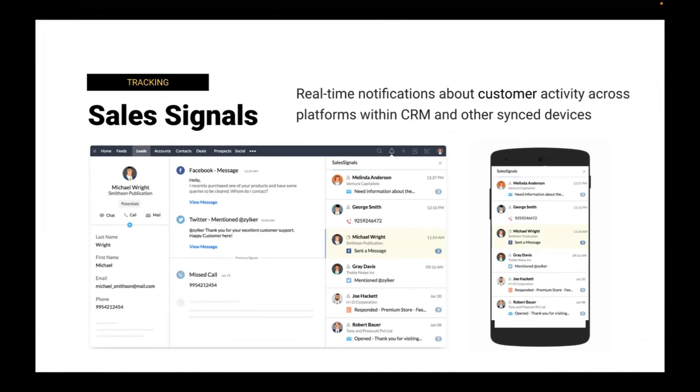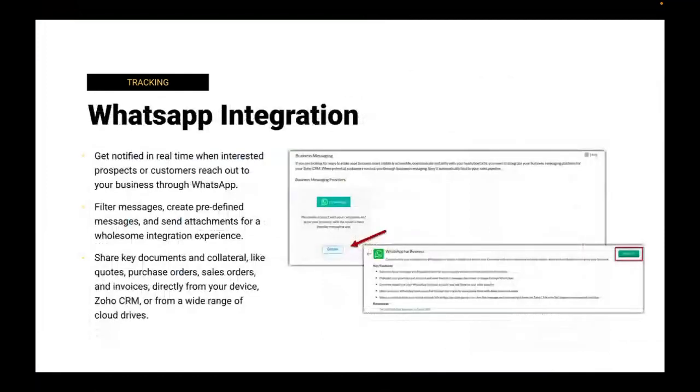Also, we have got you the WhatsApp integration. WhatsApp integration is one of the most recently introduced, commonly used ones. It helps businesses interact with their customers via business messages right from the CRM account, as well as keep a record of these interactions.